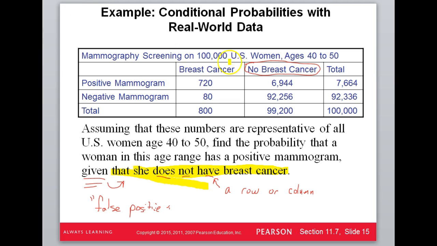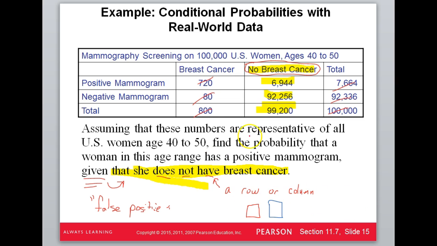We're not looking at the whole table anymore. We're looking only at this column. Okay, so it's like the rest of the table doesn't even exist. It's like none of these other numbers are even there, because the condition we're given is this. It's kind of like if the people without breast cancer somehow wrote their name on a red card, and everybody else wrote their name on a blue card, and they reached in there and drew a name out, and the name that we drew out was a red card.